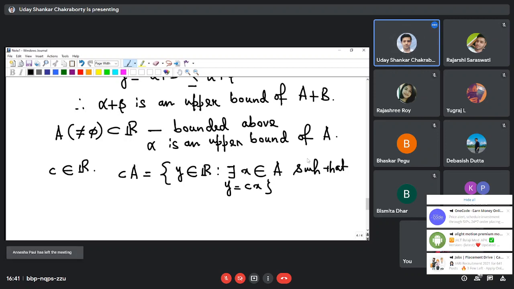Okay, then Manjita, is this set bounded above? Hello? Then Labib, is this set bounded above, CA? Devashish Datta, is this set bounded above, CA?